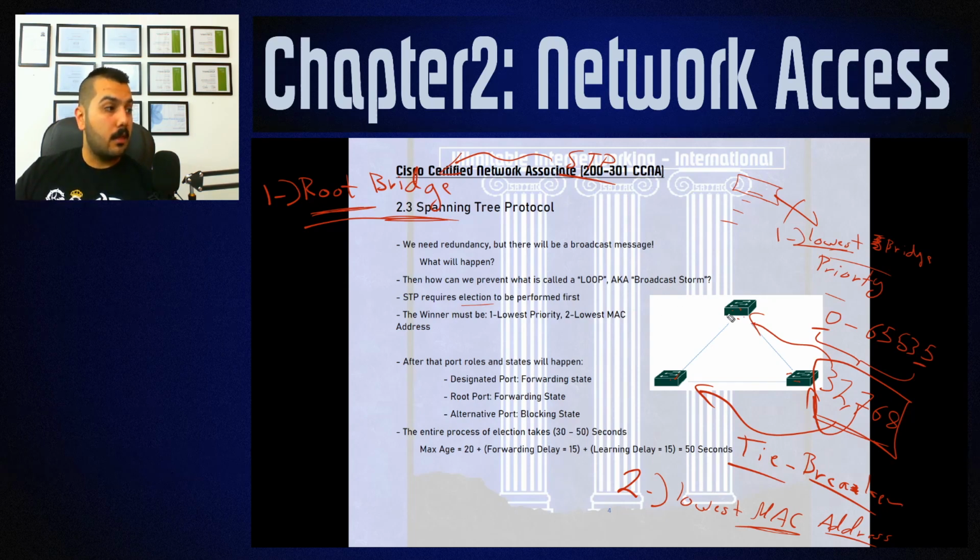Let's say the MAC address of the first one was 4 zeros, 4 ones, and 4 A's. On the second one, maybe 4 zeros, 4 ones, and 4 B's. The third one, maybe 4 zeros, 4 ones, and 4 C's.